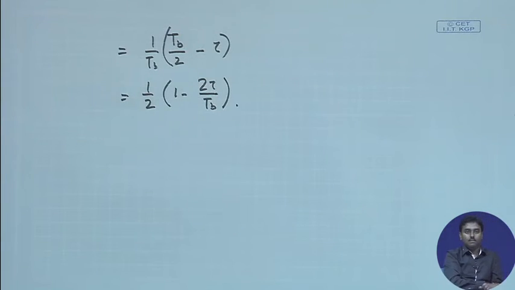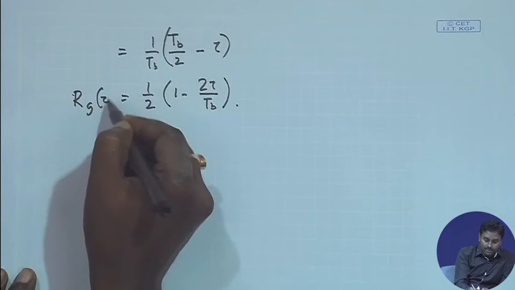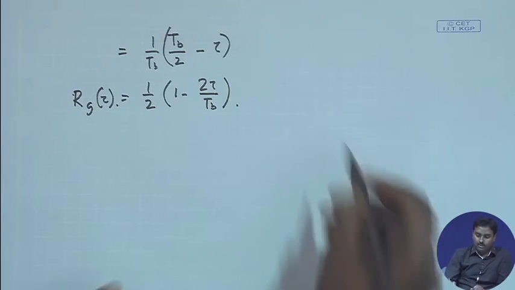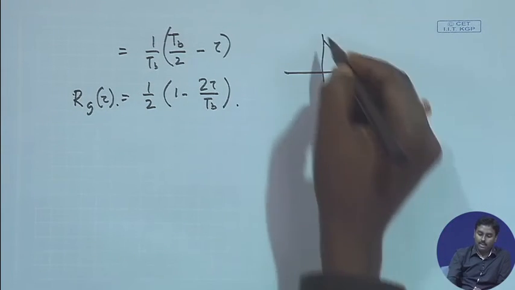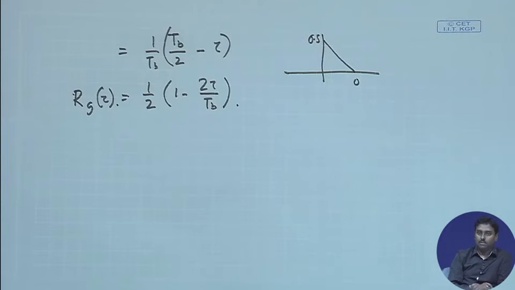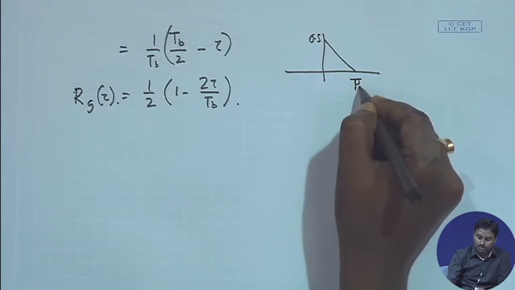This becomes my Rg(tau), which is a linear function that starts from 0.5 and goes to 0 at Tb by 2.